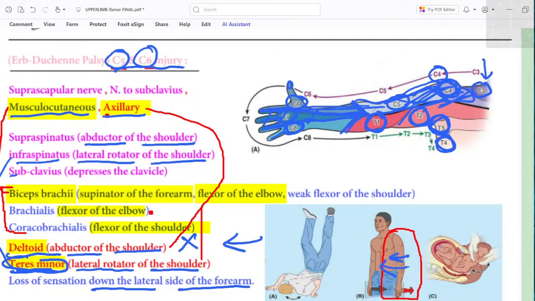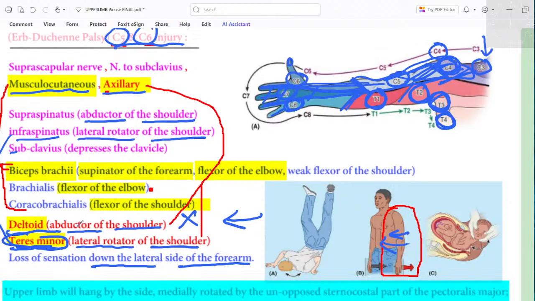So what actually happens in our body? Any muscle causes its normal action. If it is impaired, then the opposite action will happen. For example, deltoid causes abduction. If it is impaired, the shoulder will go in the opposite direction, because to maintain every joint in a stable position, joint stability is maintained by the ligament and the tendon, and they pull in opposite directions.